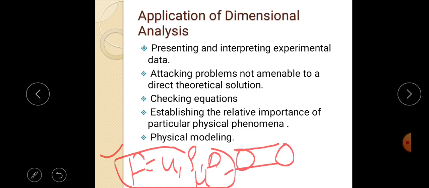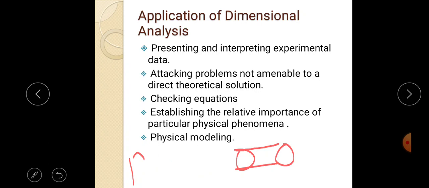However, instead of having to draw hundreds of graphs portraying its variation with all combinations of these parameters, like speed, density, diameter, viscosity and so on, dimensional analysis can tell us that the problem can be reduced to a single dimensionless relationship.